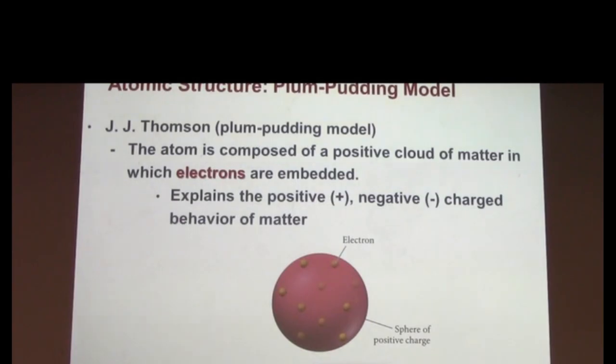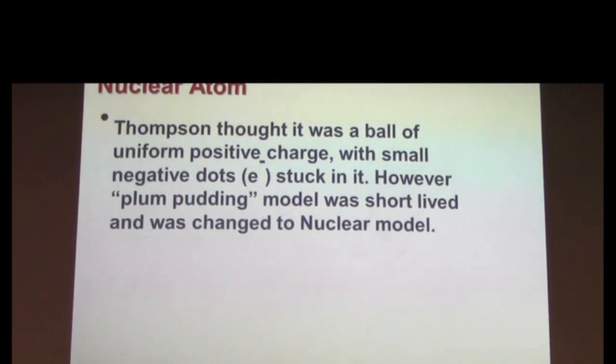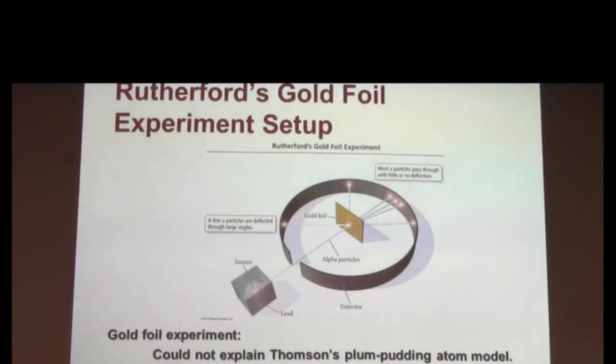So what changed it? We came up with the nuclear atomic model. In the nuclear atomic model, all the positive charge is concentrated in the middle, which we call the nucleus. Who discovered that? Rutherford, right. What he did was, he put a gold foil and shone alpha particles.